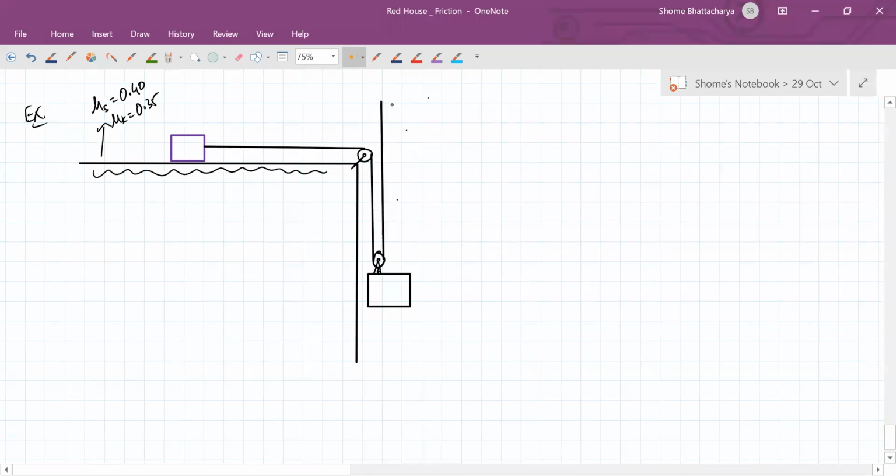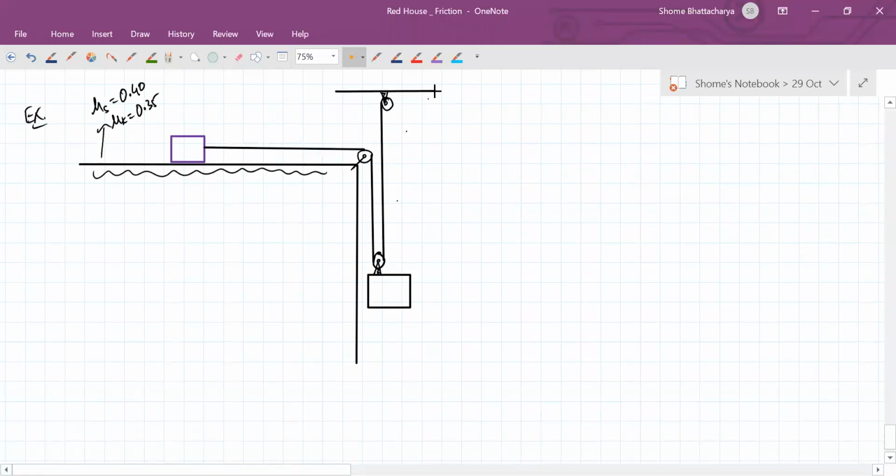So another pulley over here attached to some kind of ceiling. We got this arrangement.